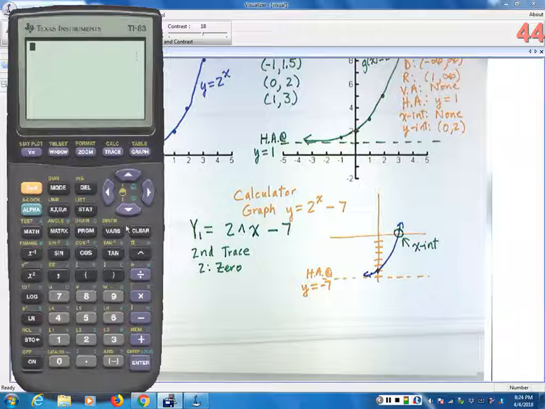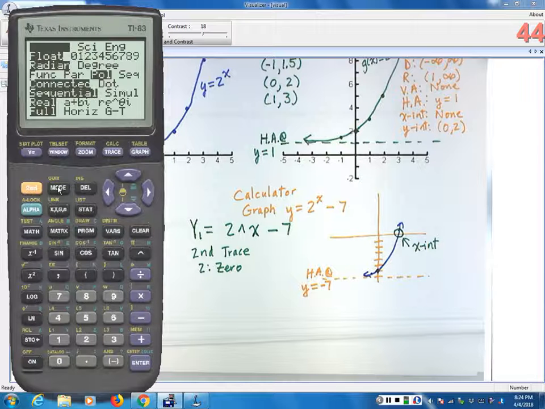On, clear, y equals, ooh, that looks weird. Okay, so the previous teacher put the calculator in a different mode, polar mode, so I have to go into mode, or I could just clear it out and put it in function mode.